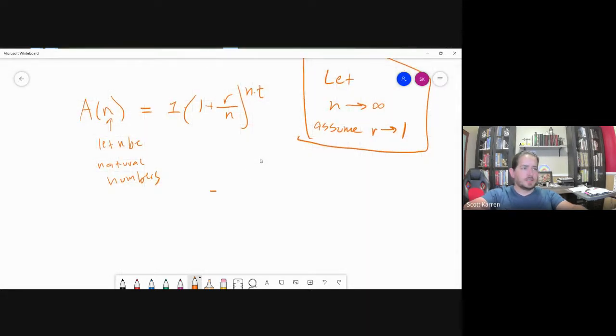So if I allow these two assumptions, I let n run to infinity and r be 1, then I have 1 plus 1 over n, times t. One more thing, I'm going to let t equal 1 as well. So we're just looking at a snapshot unit, 1 year, 100% essentially growth, right?